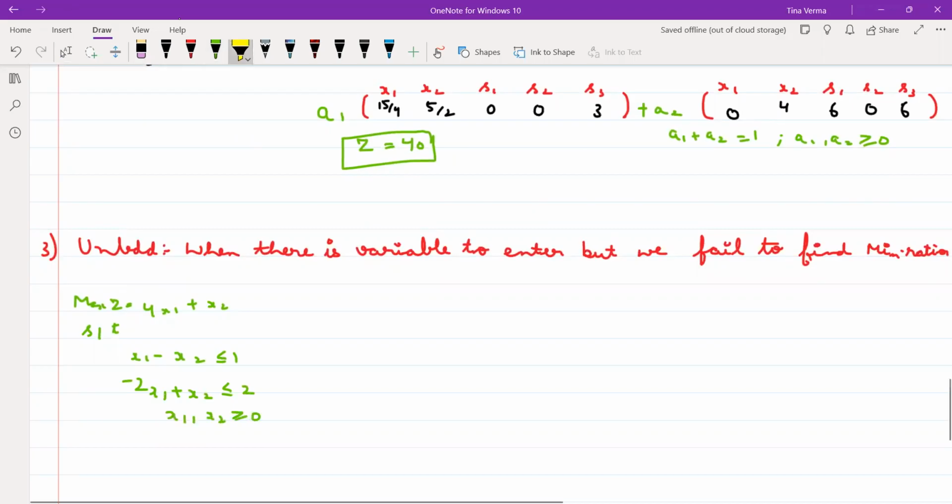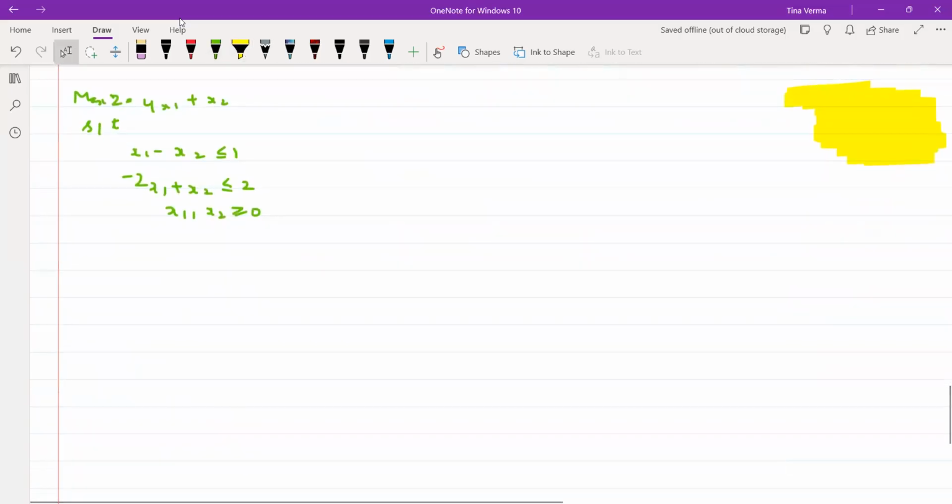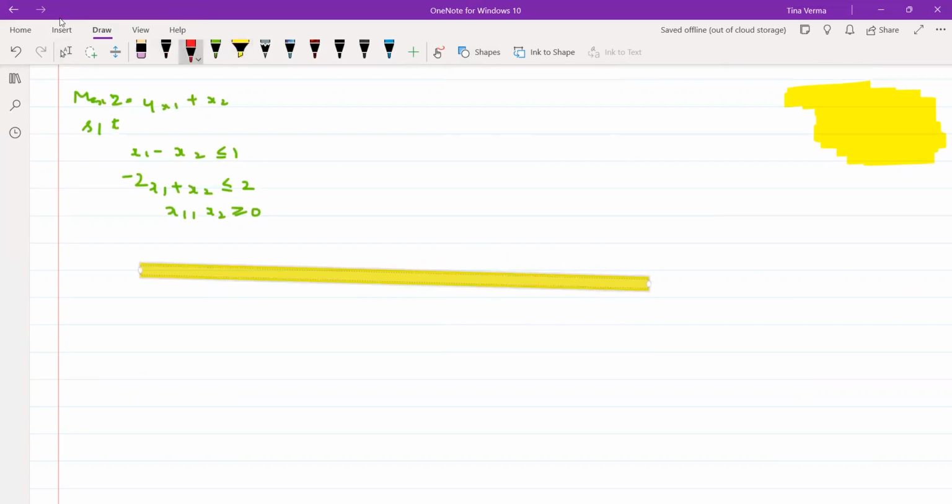If you remember, in the graphical method, when my feasible region becomes unbounded, at that point my LPP also becomes unbounded. So when you solve this problem, obviously you have to add slack variables so that you can solve it.